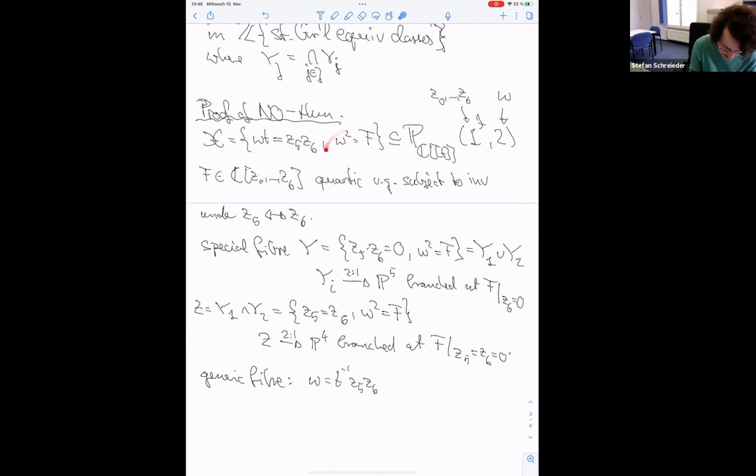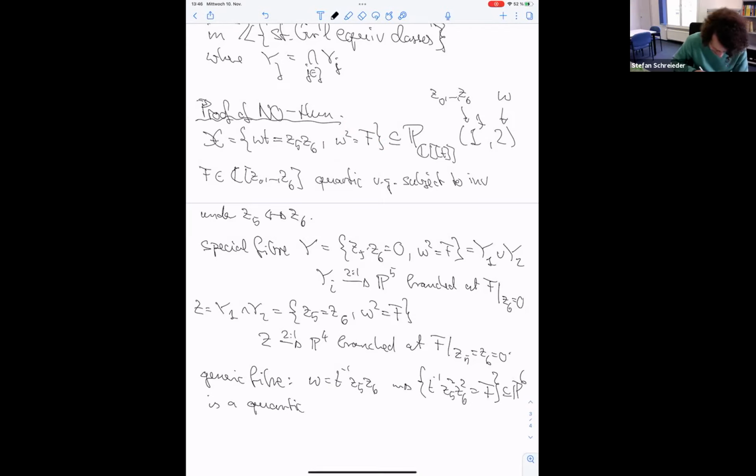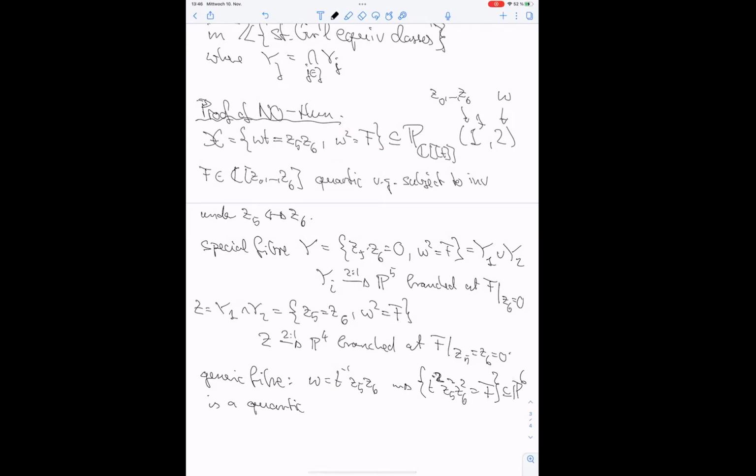And if we plug it in here, we get that it's just a quartic in P6, T to the power -2, right? Probably, yes. Exactly.